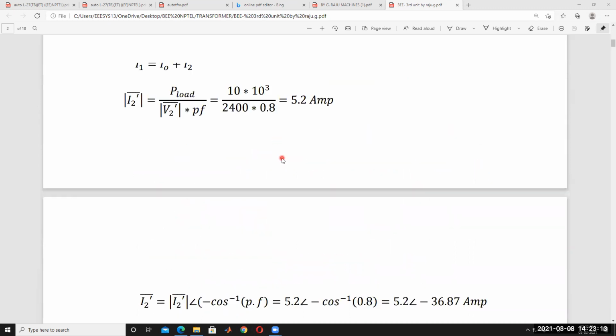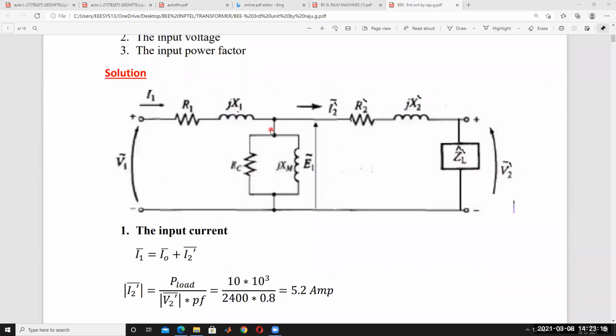And then how to find I0? What is the voltage here? The induced voltage E1 divided by RC plus jXM in parallel. The total resultant impedance gives I0 as E1 divided by the resultant impedance.